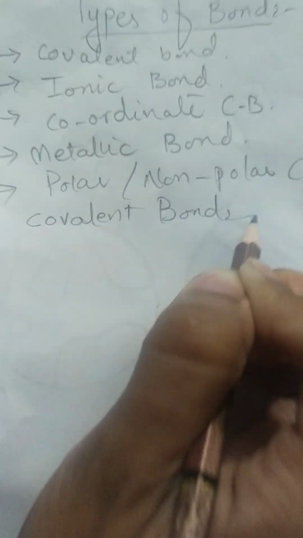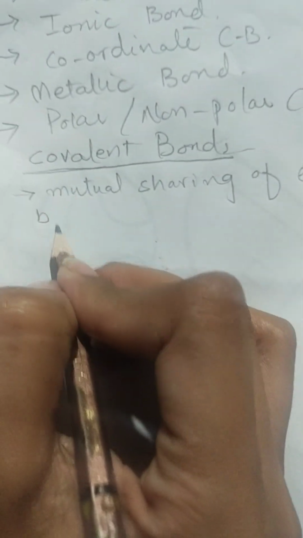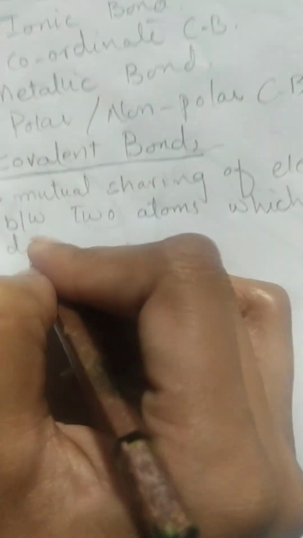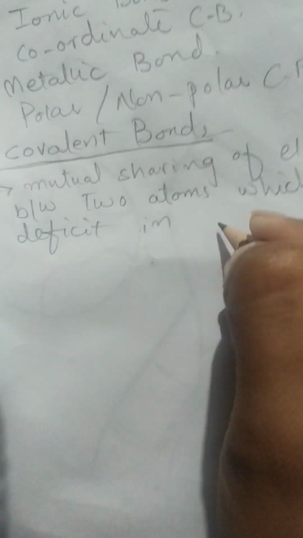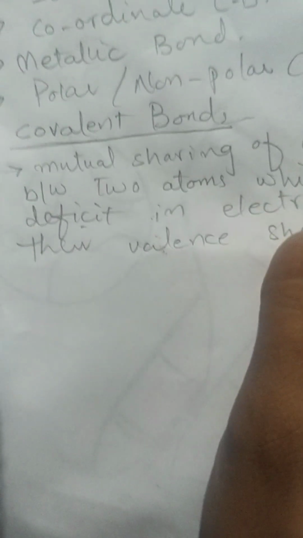Covalent bond is a type of bond which is formed by the mutual sharing of electrons between two atoms which are deficit in electrons or their valence shell are incomplete.